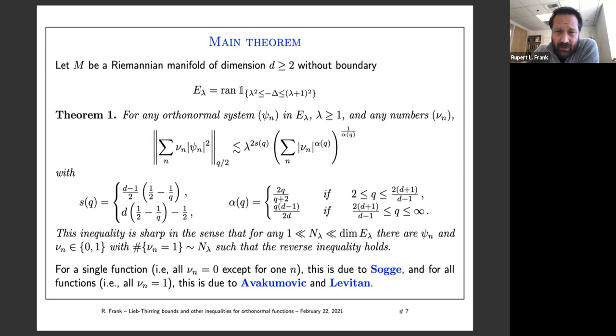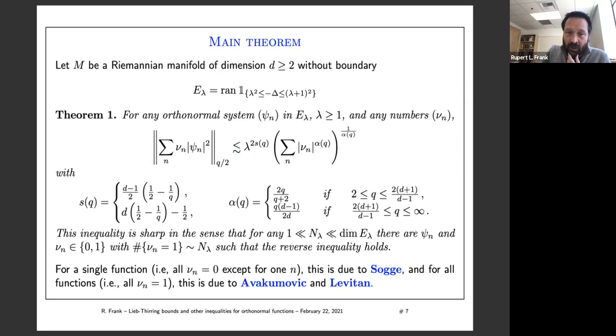The only thing you should remember about this power is that it's optimal, again in the strong sense that whatever dimensions I give you, as long as they go to infinity and grow slower than the dimension of the full space, we can come up with functions, without needing to make use of this freedom of adding non-zero and non-one numbers nu n, such that we have a total of n such functions and we have the reverse inequality.